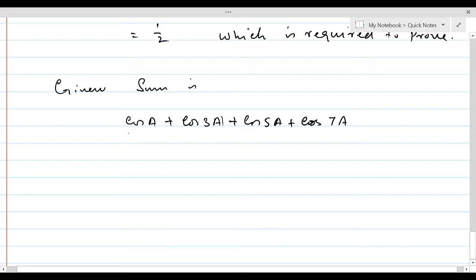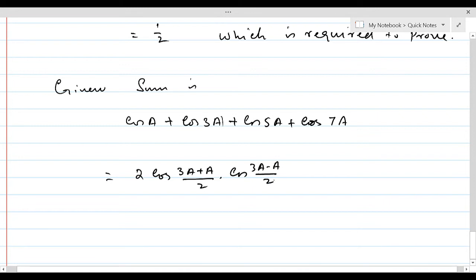So let's apply this on the first two, cos P plus cos Q, and by using that formula this will be equal to 2 cos of (3A plus A) by 2 into cos of (3A minus A) by 2.